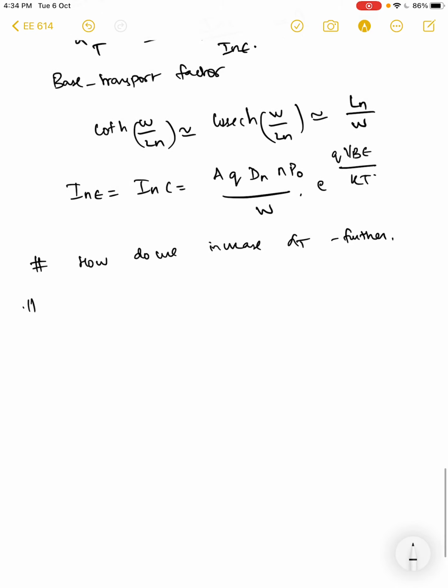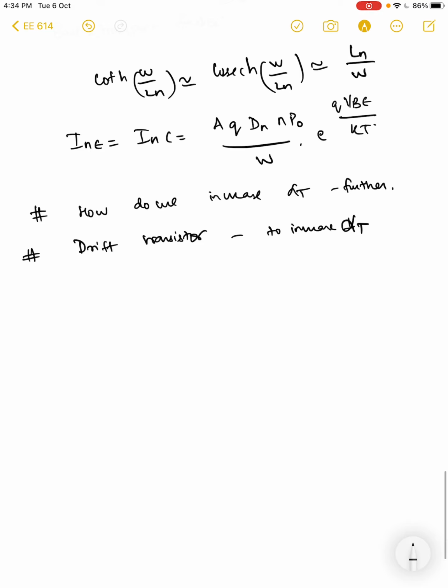This is called a drift transistor. To increase alpha T, that is to increase the collector current, what they do is, let us take the doping density. Let's take the emitter to be almost constant and high as we saw before.